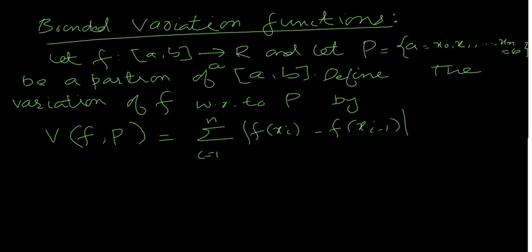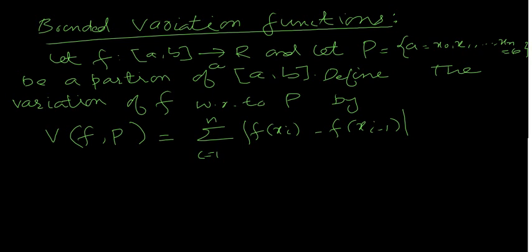That positive sum is called the variation of f with respect to the partition P, because these xi are the points of this partition P. So this sum depends on the partition P. If you vary the partition, we will get different variations, or we can say different positive sums.